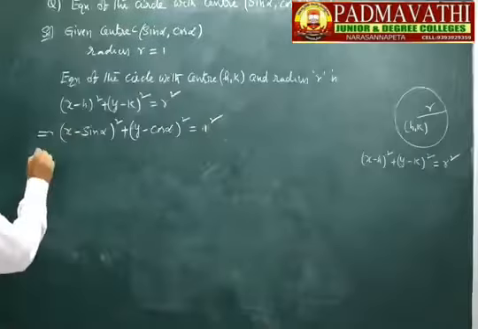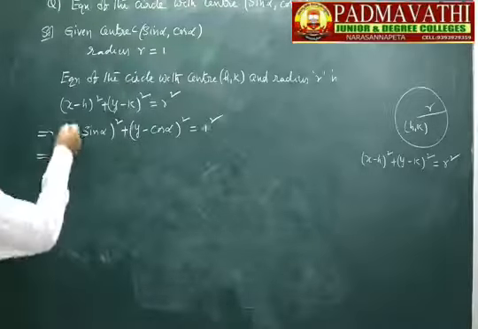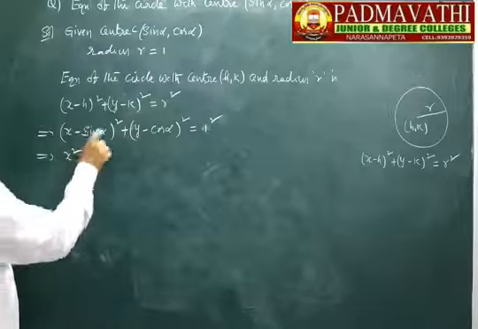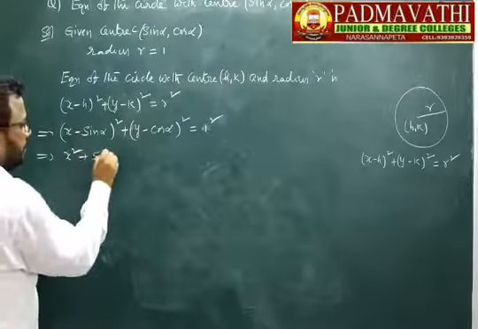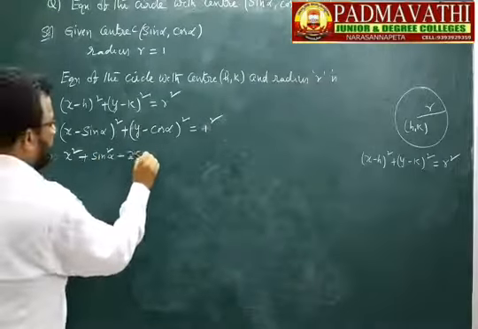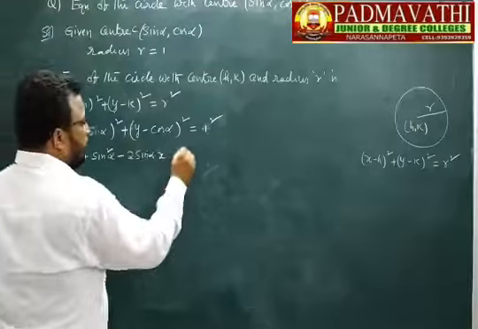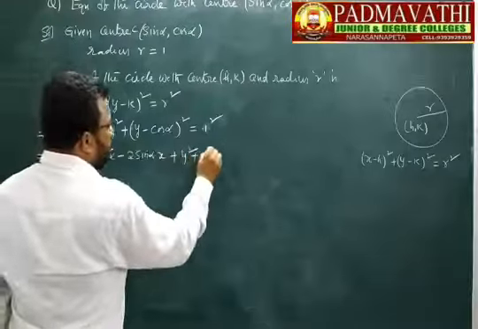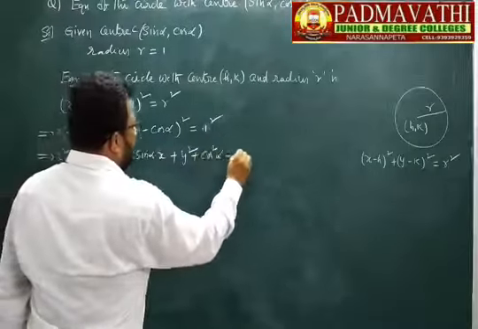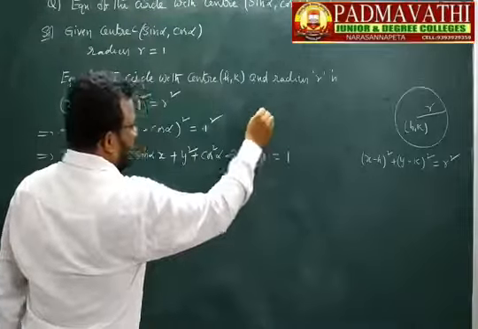That implies, using (a minus b) whole square is a square plus b square minus 2ab, x square plus sin square alpha minus 2 into sin alpha into x, plus y square plus cos square alpha minus 2 into cos alpha into y is equal to 1 square, that is equal to 1.